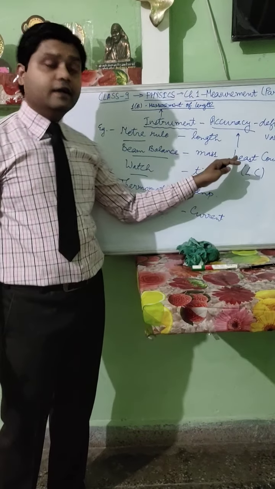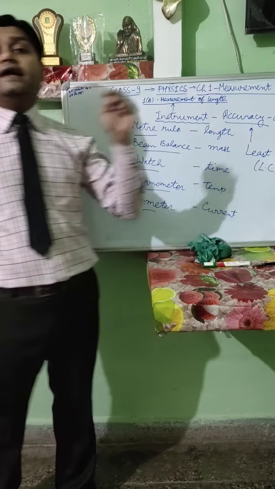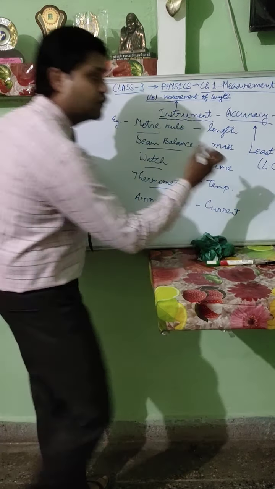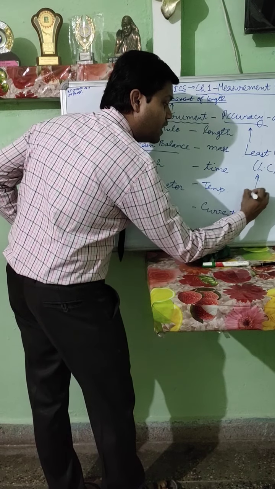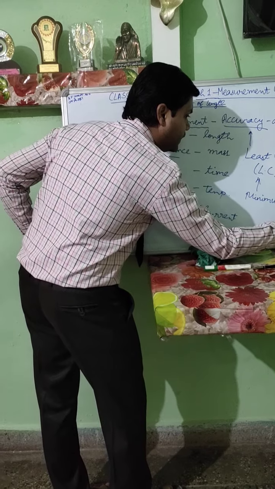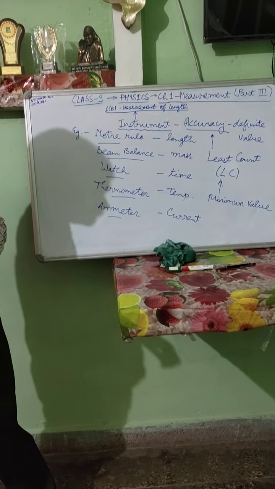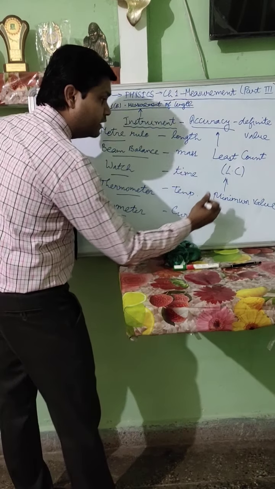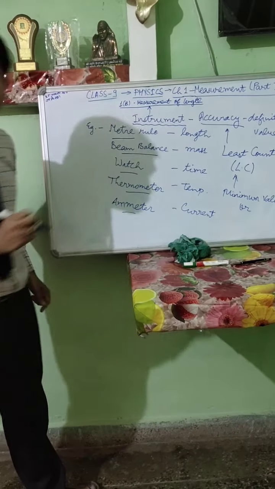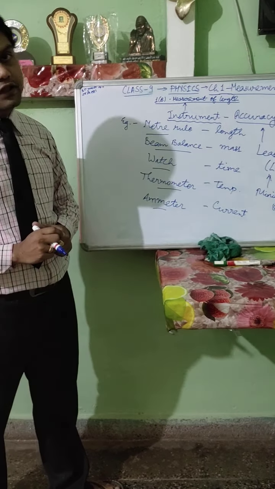Therefore, we can say that least count is the minimum value that can be taken accurately by any instrument. So, what is least count? Least count is the minimum value which can be taken by an instrument accurately. In other words, we can also say least count is the value of one smallest division on the scale.